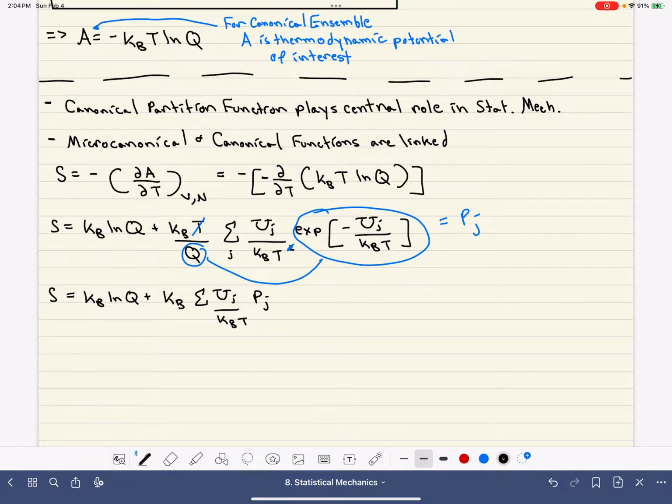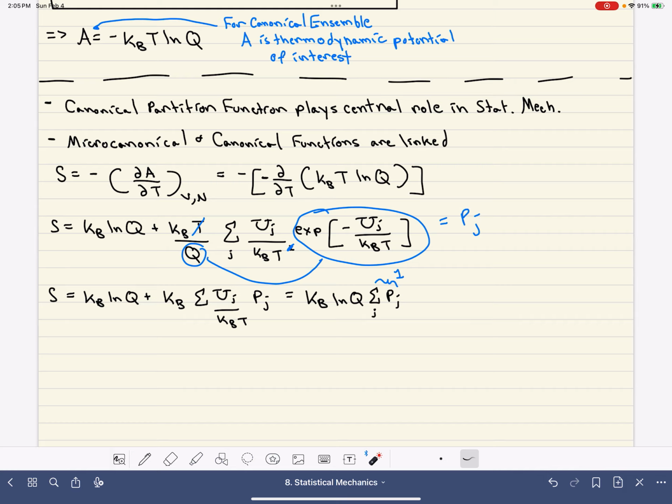Now, one thing we could do is we're just going to play a little mathematical trick here. KB ln of Q. Then we're going to have the summation of P of J. And we're allowed to do that because we know here the sum of P of j is just 1, right? So we're actually not affecting the value of this term at all, right?